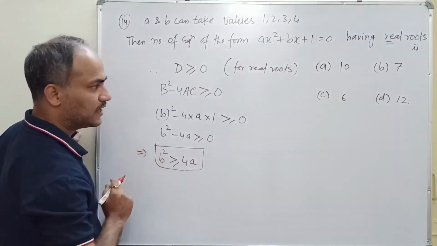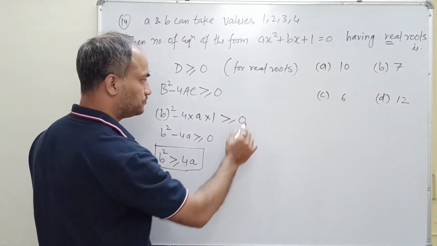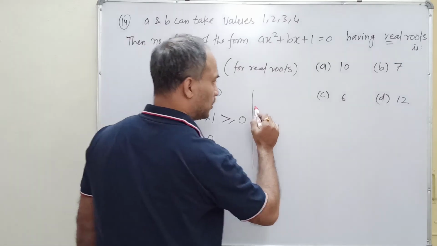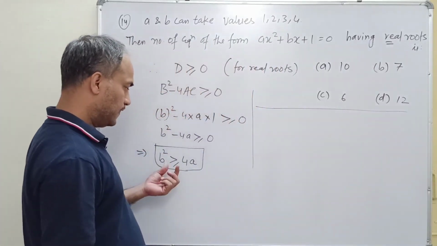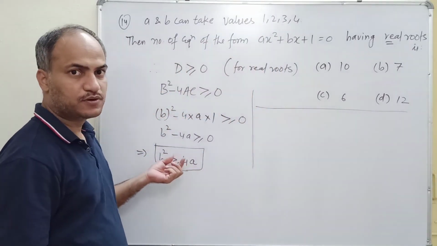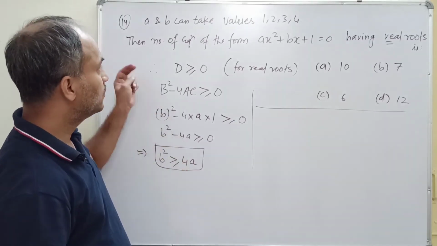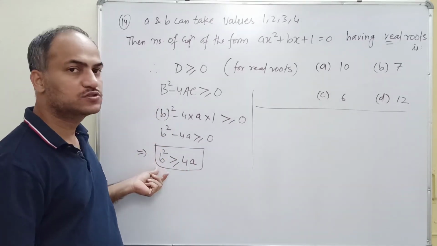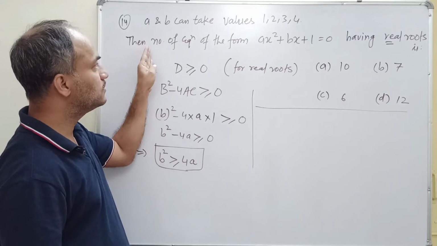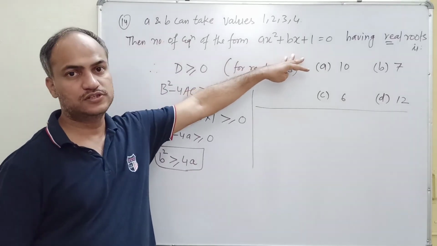This condition I get here. Now we have to tell the possible values of a and b. Obviously for possible values of a and b we will get the possible set of equations of this form.